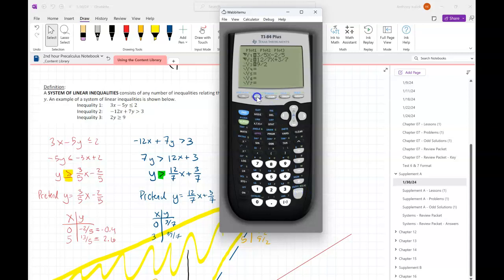So I'll do that. And if I hit graph, there's the first line we're shading above. There's my second line we're shading above. And there's my third line we're shading above. So the overlap of those three shadings was this section right up here. Does that make sense? Pretty cool that the calculator can handle that too.